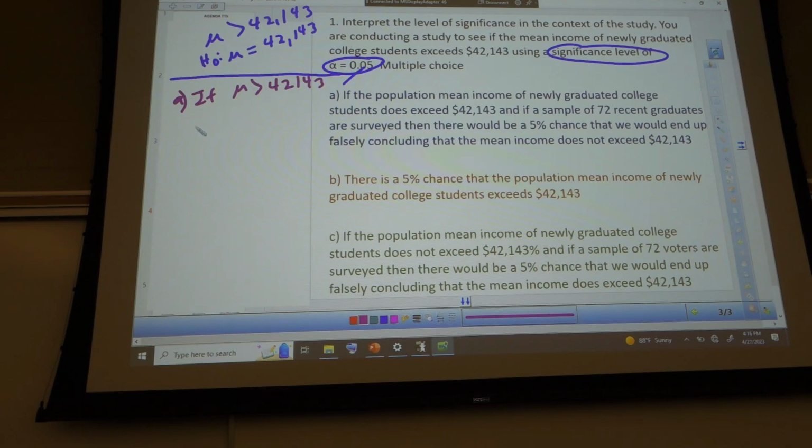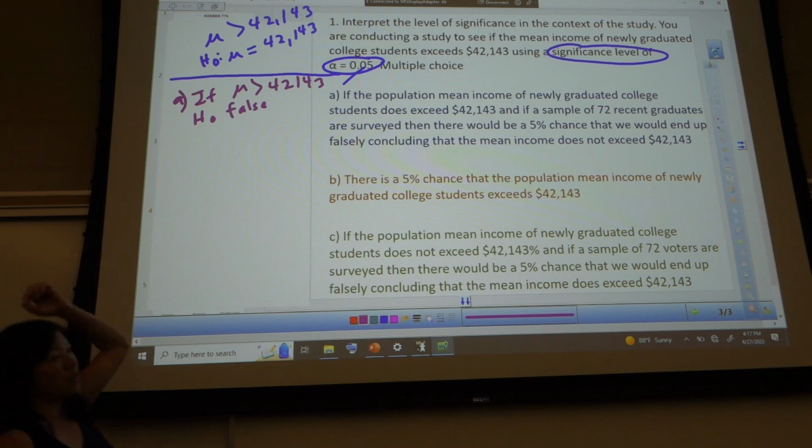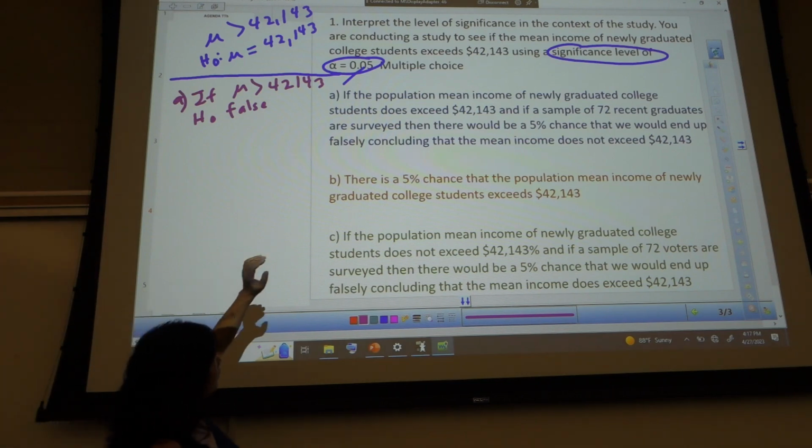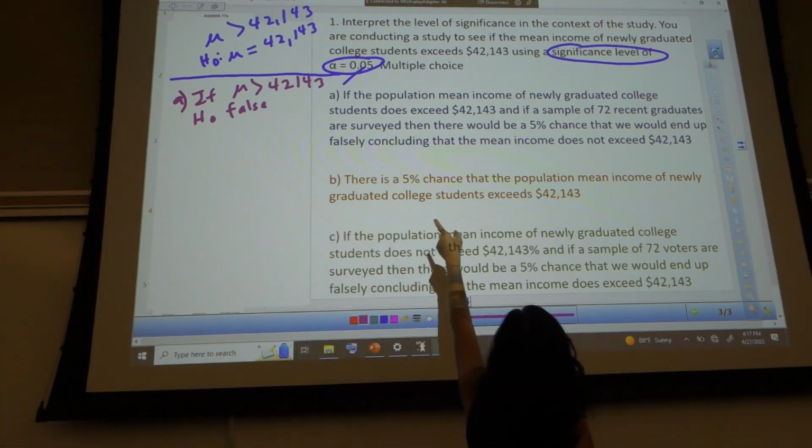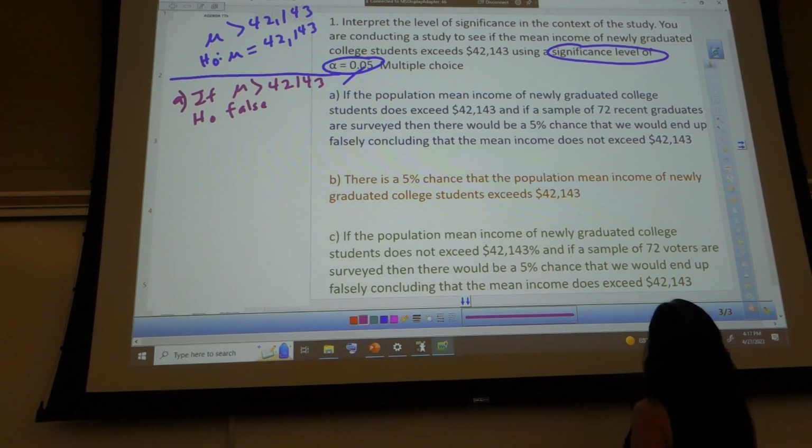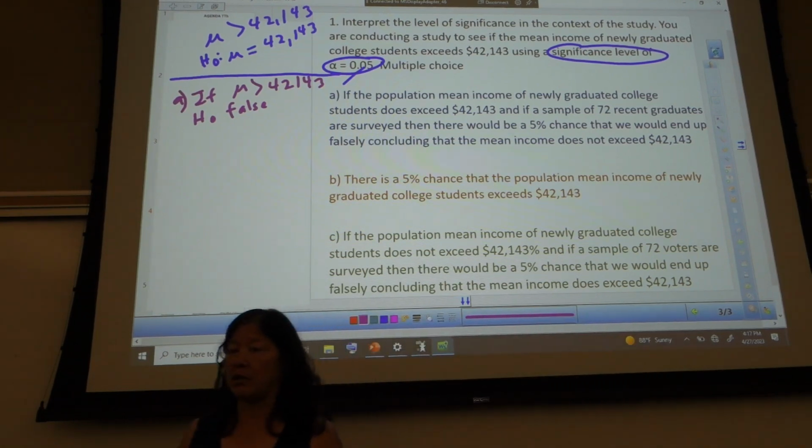So in other words, if H naught is false, is everybody kind of following me? Okay. So if my mean really is bigger, that means H naught's false. So then, is there a 5% chance we would falsely conclude, so incorrectly conclude, so we'd make a mistake.